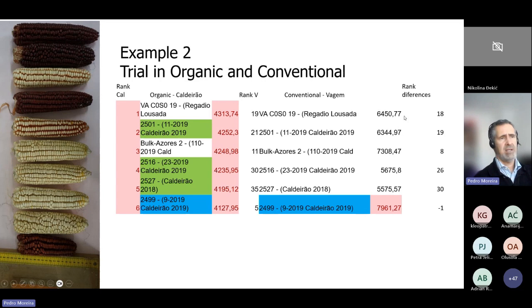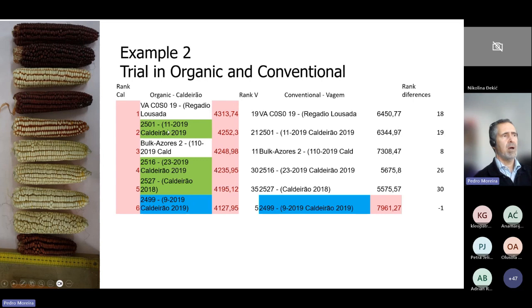Even though it has more yield, it is in the 19th rank. Then you see that the rank difference is 18. It is almost in the one-third of the table.